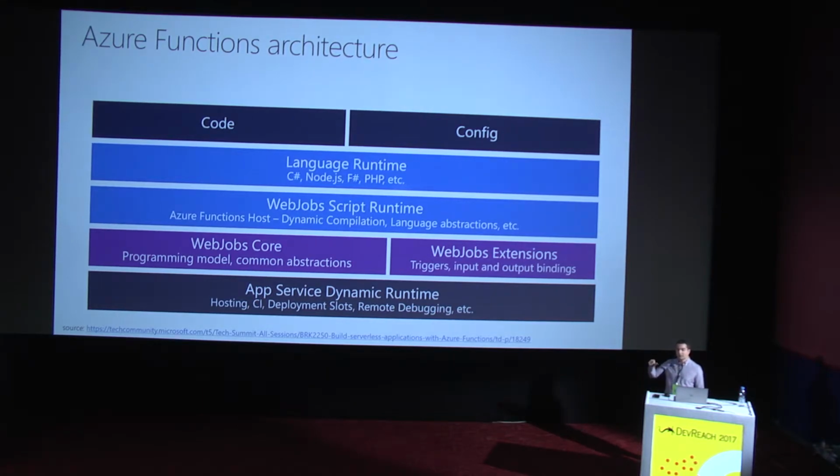What this means is that you can have a staging environment where you test your Azure Functions, and whenever you're sure that they're all right, you can flip them to production. You get remote debugging and other features pretty much of the Azure App Service. And if anyone has dealt with web jobs, Azure Functions is built on top of those as well.